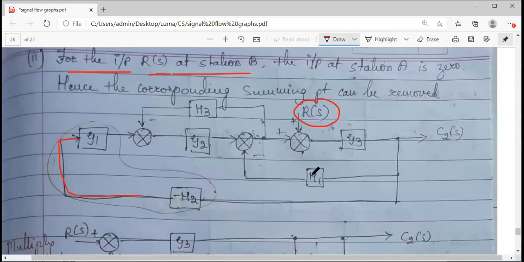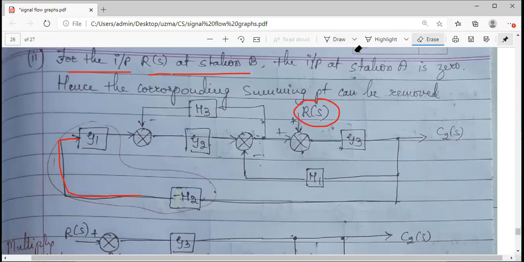Now, generally how we see the input side and the output side, leftmost आपका R रहेगा. In between, you get the blocks. And extreme right side में आपका output रहेगा. This is how we have generally seen. Leftmost is input, rightmost is output.